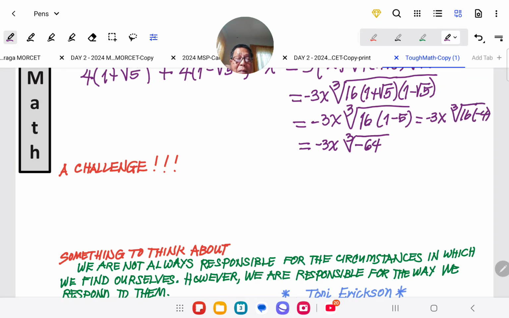The cube root of negative 64 is negative 4. So this is equal to negative 3x times negative 4 equals positive 12x.